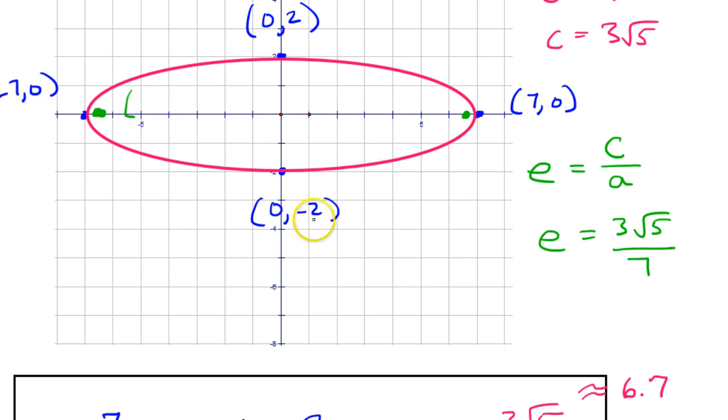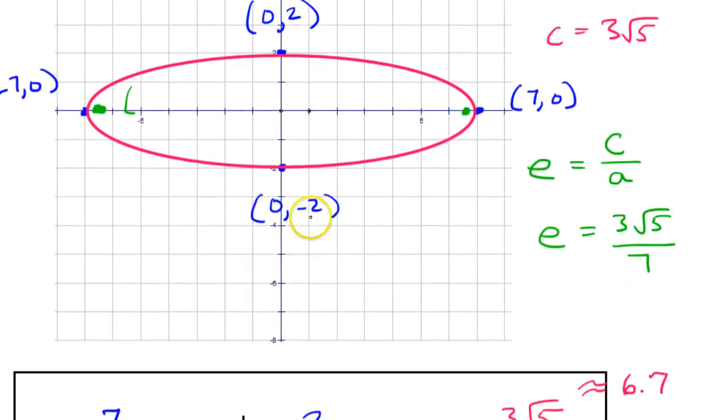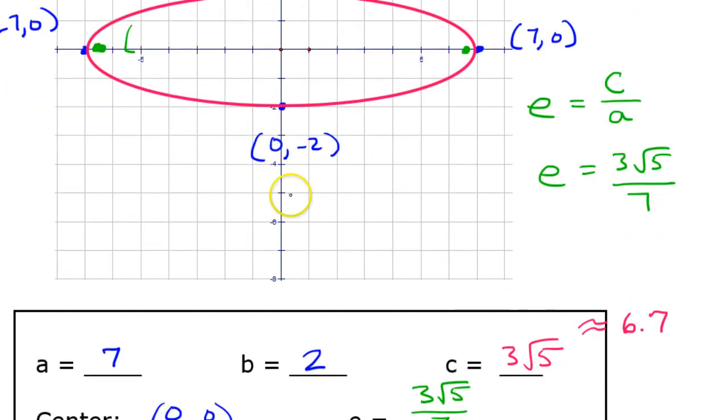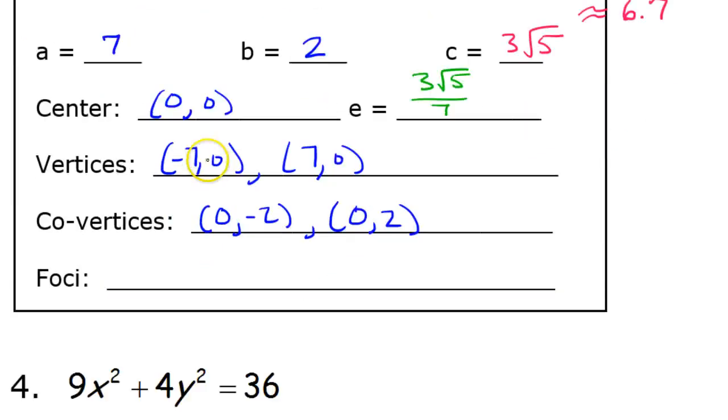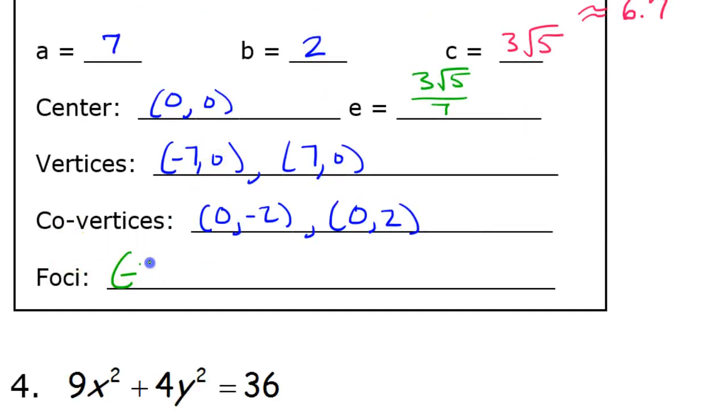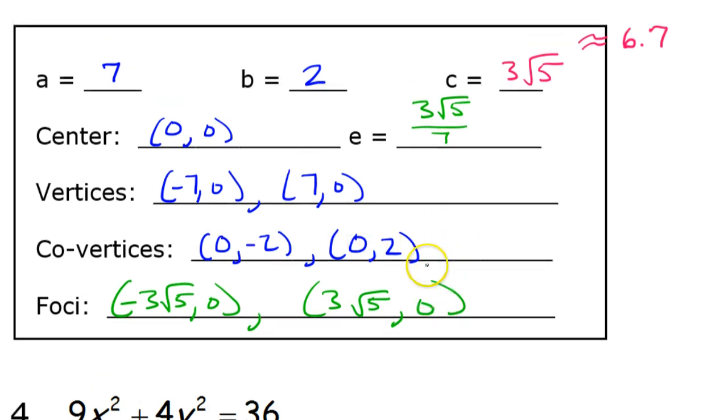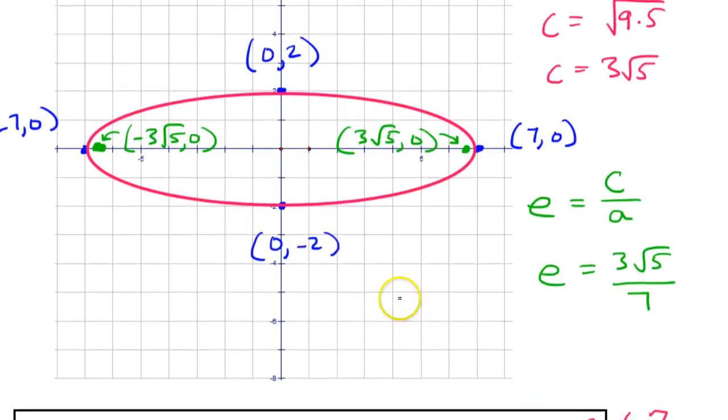But when I label these, I will go ahead and use the square root version of this. So this will be negative 3 radical 5, comma 0, and this will be positive 3 radical 5, comma 0. Okay, and that's it. Again, that is how you graph an ellipse.